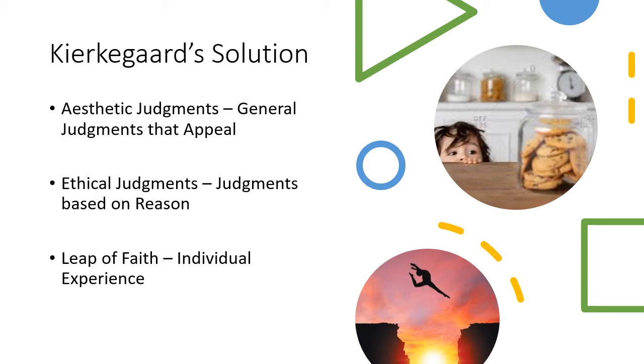And Kierkegaard says that we move from our childhood years to when we start developing better ideas, from aesthetic judgments to ethical judgments. And for him, that means judgments that are based on reason and not just a general sort of appeal.